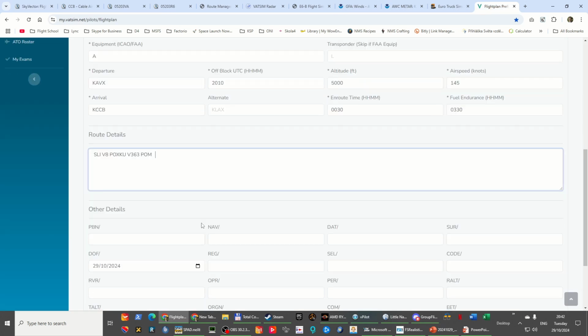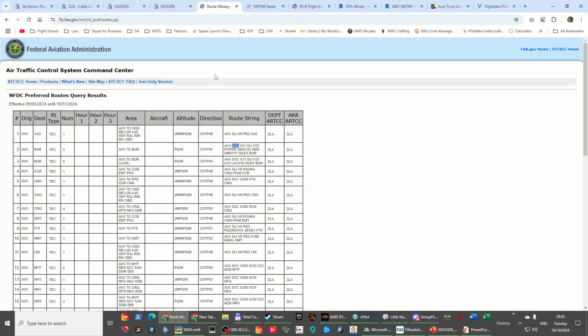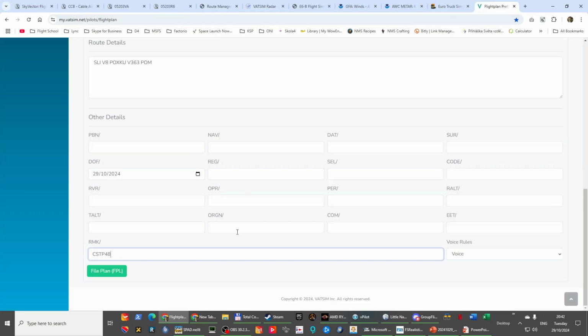Route details, so I will copy. And other details, I believe that in remarks I should be able to put that one, CP48. I do hope it's correct.